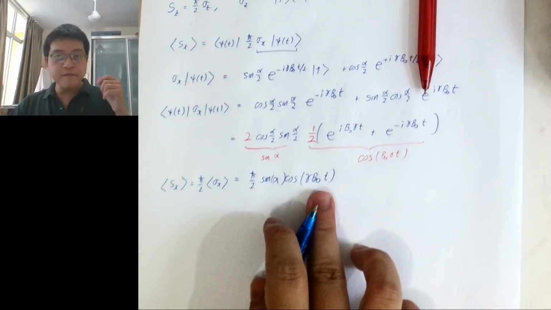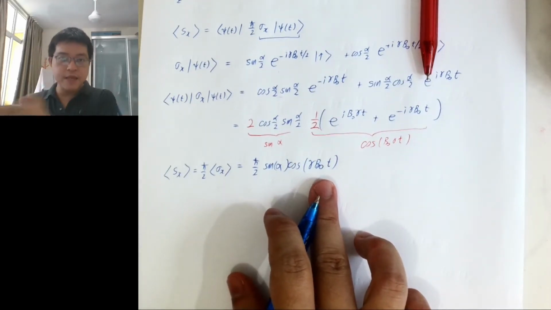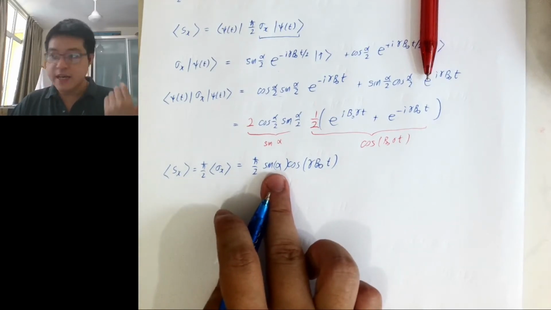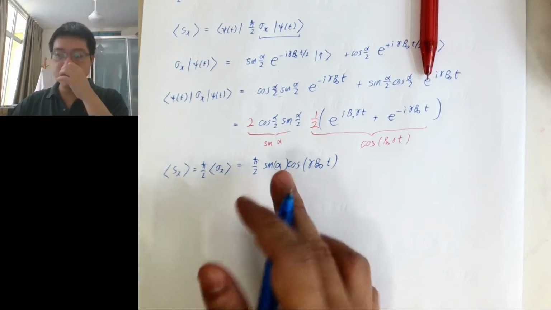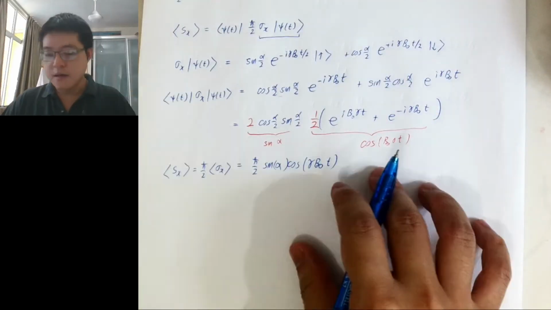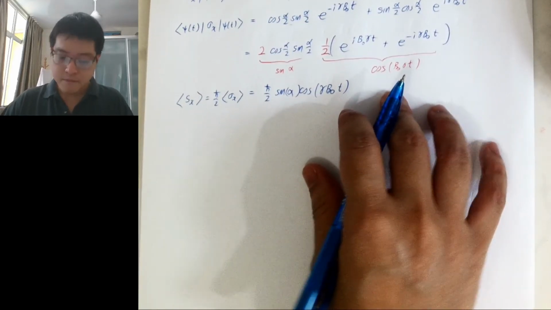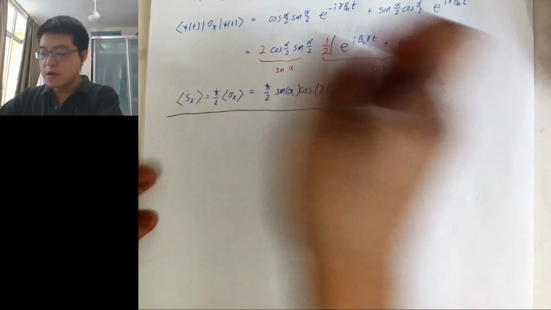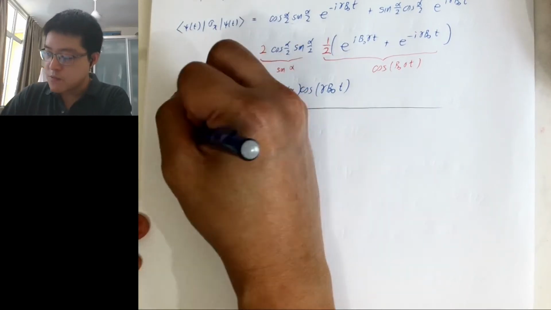So the expectation value is changing with time as a cosine function for the x direction, and sine alpha is a constant depending on the initial state of your spin.